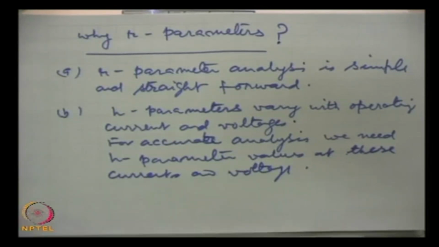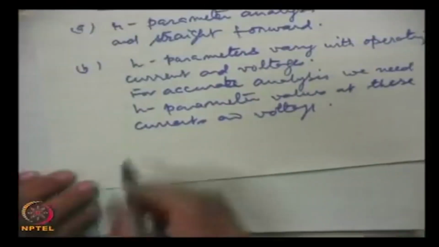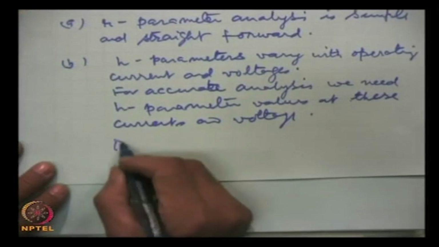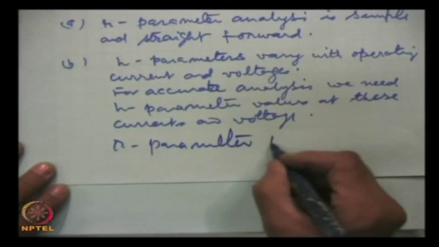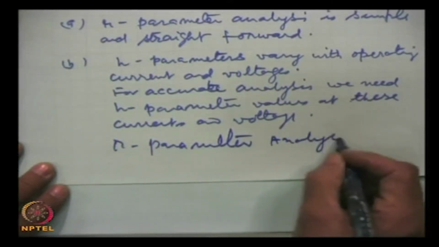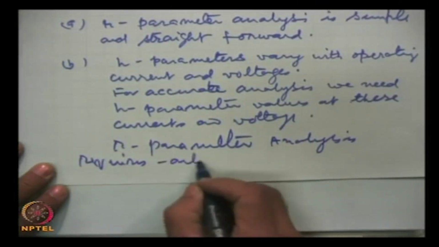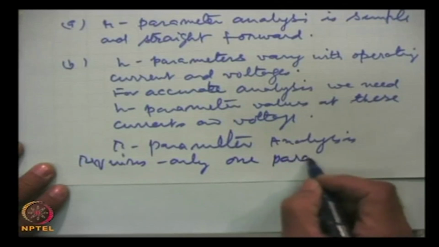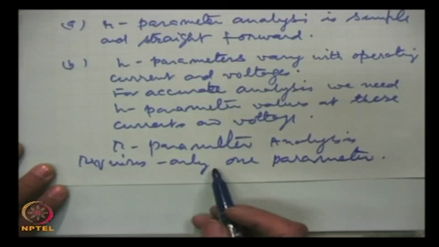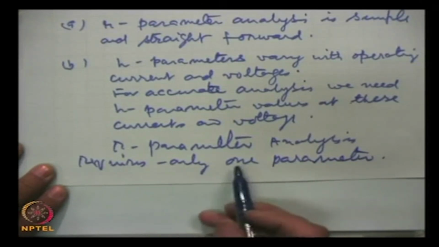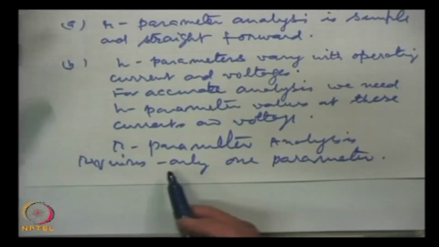The R parameter analysis, on the other hand, requires only one parameter, and this is actually calculated for the case of our circuit, and hence it is very accurate, and that makes the analysis very simple.